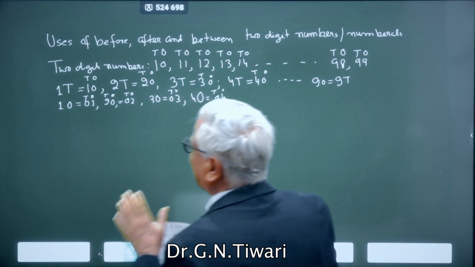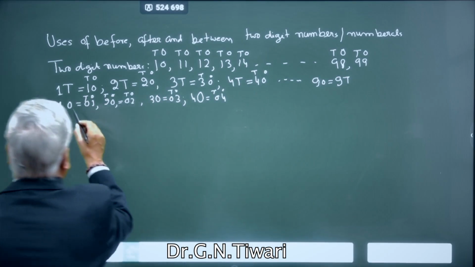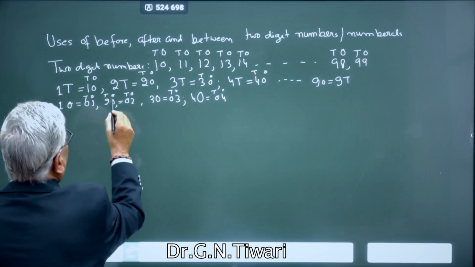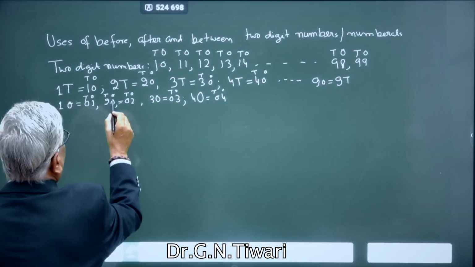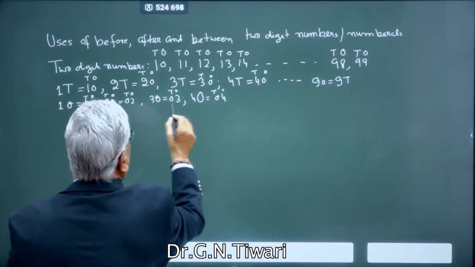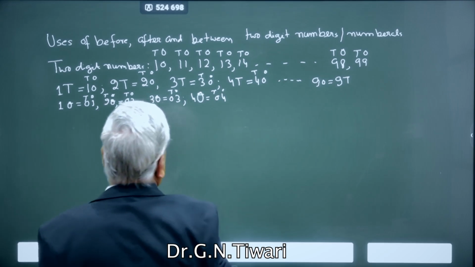For making a difference between 0 and O, I am just rewriting O in this way, so there will not be confusion. 4O. Clear?